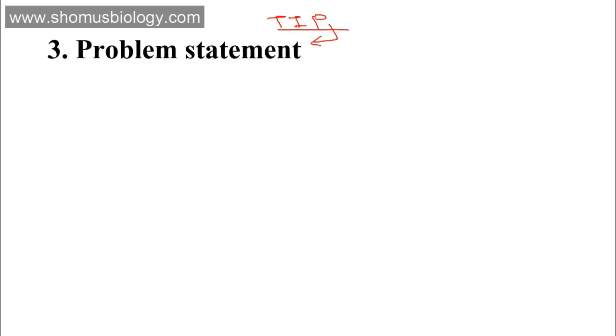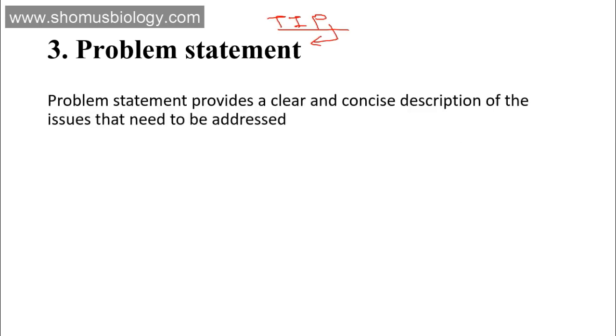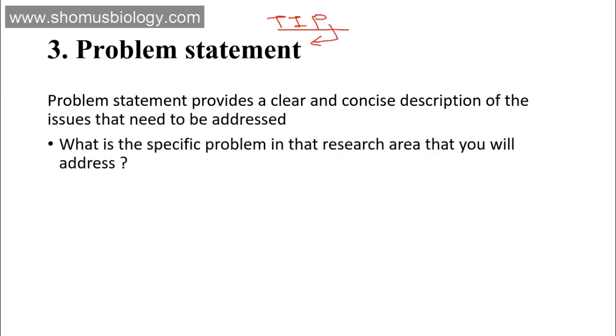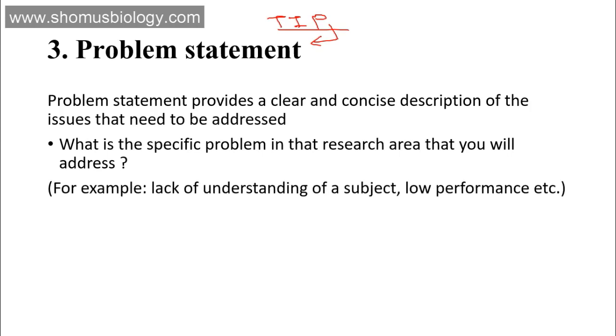So you need to state what exact problem you are dealing with. It should be a clear and concise description of the issues that need to be addressed with the help of your research. So you should follow this: what is the specific problem in that research area that you will address? For example, a lack of understanding of that subject or low performance.